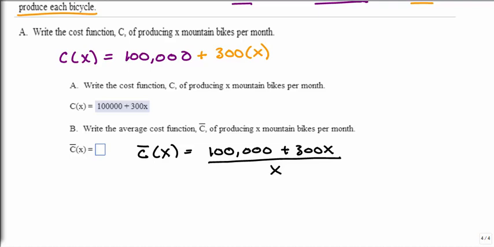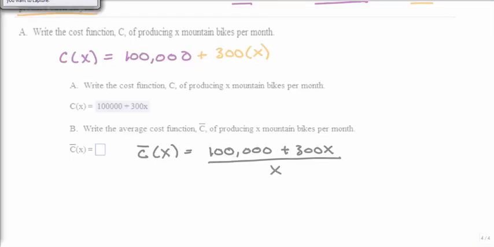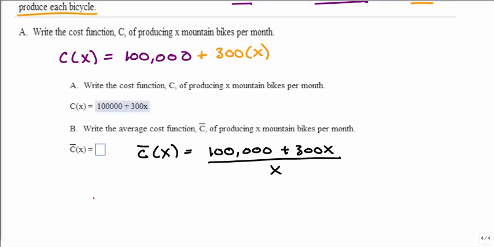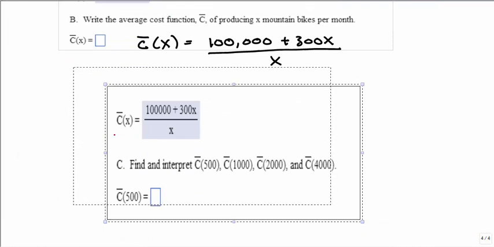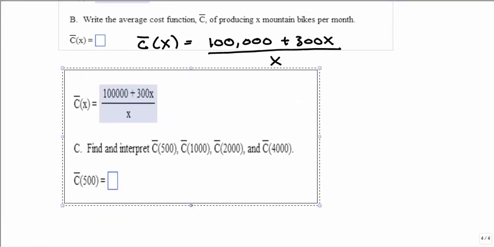That entire value is divided through by x, not just part of it, but the entire value. So let's go ahead and interpret one of the first values that they give us, and then I think you can probably get the rest from here.